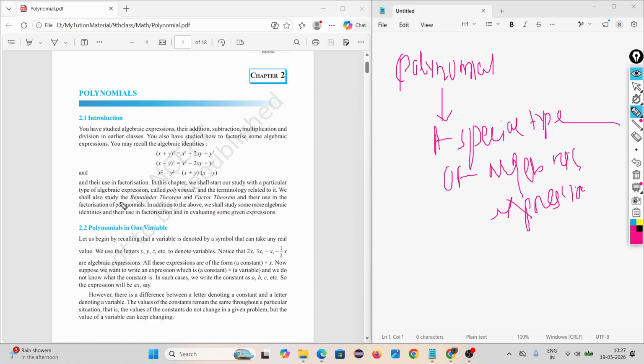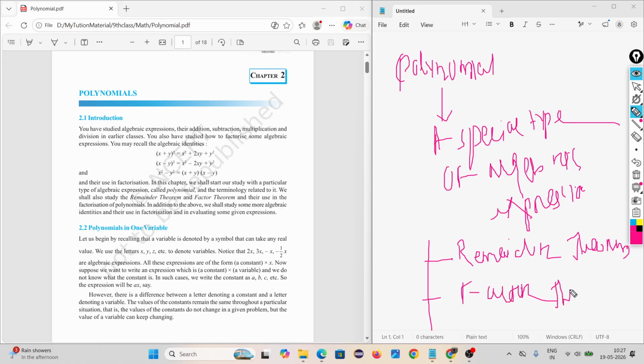We shall also study the remainder theorem and factor theorem. Here we will learn two theorems. One is the remainder theorem. One is the factor theorem.